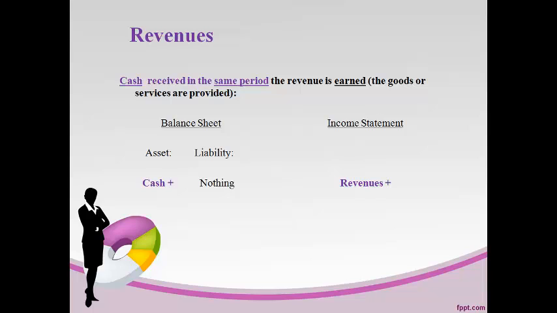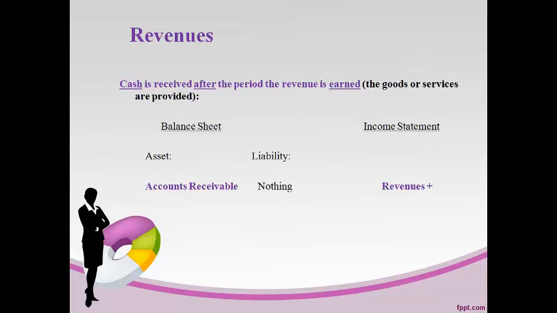Cash is increased, and revenues are reported when the goods or services are provided to customers. Amounts expected to be received from customers in a period after the goods or services are provided is reported on the balance sheet as accounts receivable. A revenue is reported on the income statement because the goods or services were provided in the current period.